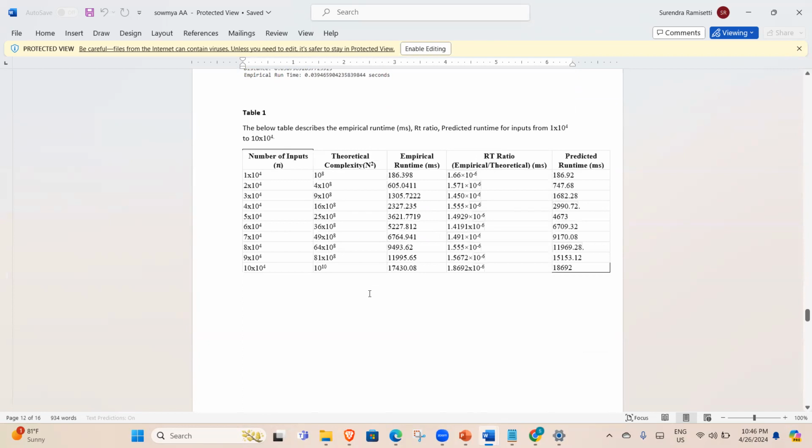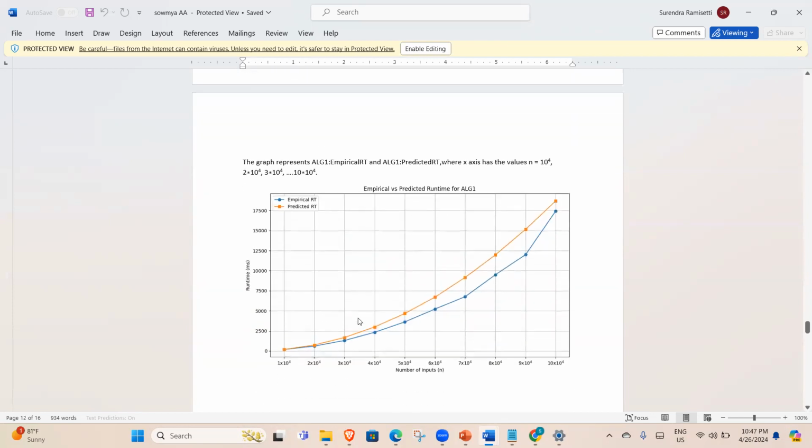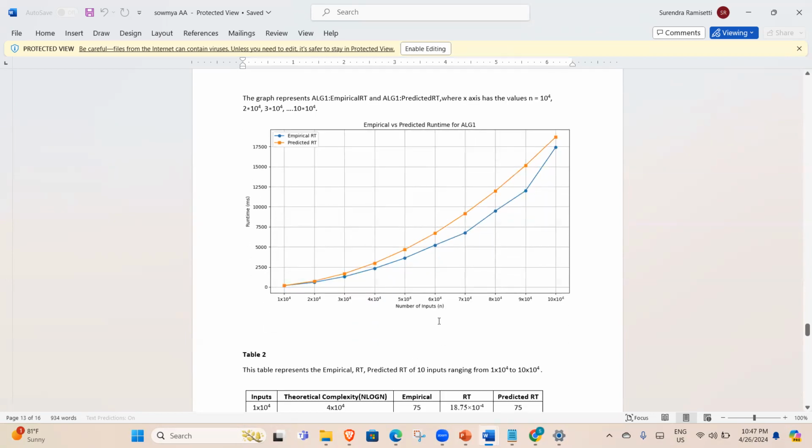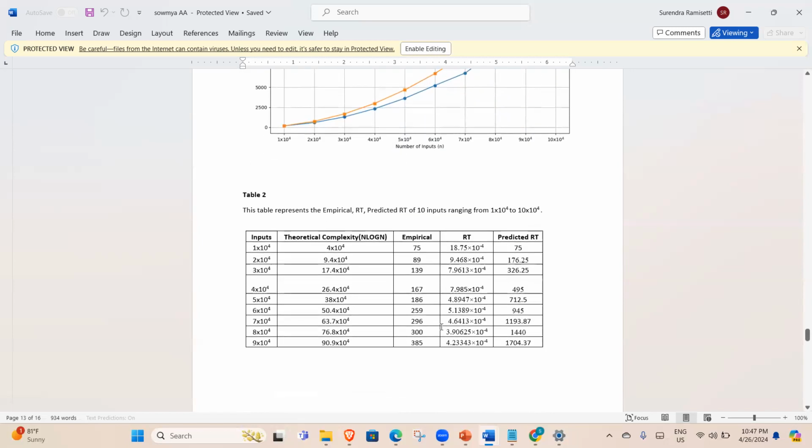The table for the brute force approach is this. It includes the number of inputs, theoretical complexity, empirical runtime, and ratio and predicted runtime. The graph represents empirical and predicted runtime for algorithm 1, that is the brute force approach, where X takes the number of inputs and Y has runtime in milliseconds.